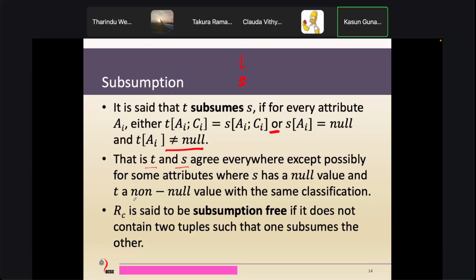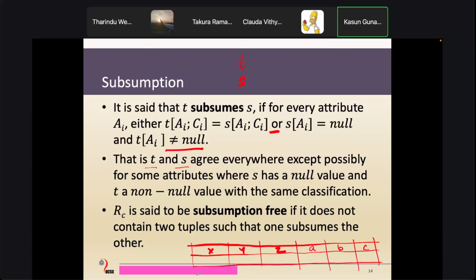So it's a scenario like this. Let's say we have a relation. Tuple T is like this. We have values X, Y, Z, A, B, C. And we have tuple S here.